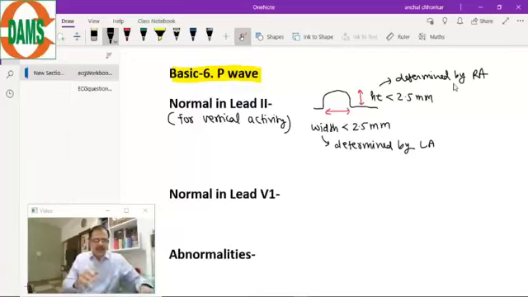So if there is left atrial enlargement, width will increase. If there is right atrial enlargement, height will increase. So this is the normal P wave in lead 2.